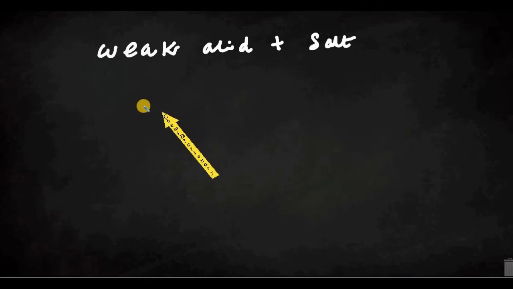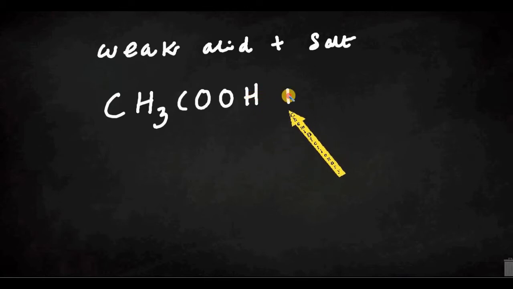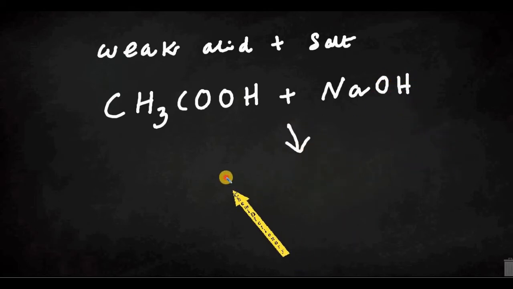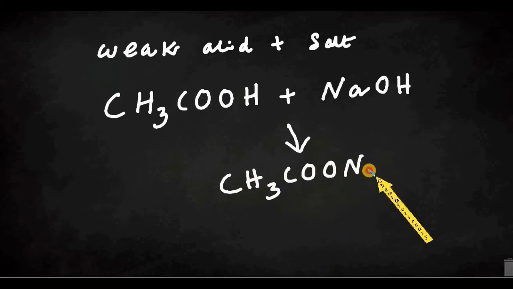For example, acetic acid is a weak acid. Formula for acetic acid is CH3COOH. When it reacts with a strong base NaOH, it produces a salt known as sodium acetate, CH3COONa, as well as water.